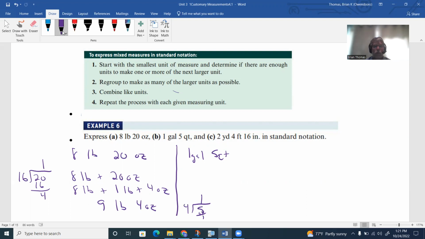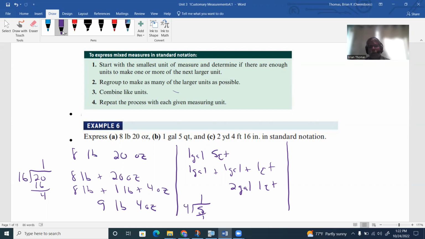So that tells me I can pull a gallon out of the 5 quarts. So this becomes 1 gallon, and then the 5 quarts changes to 1 gallon plus 1 quart. And then we can put the like units together and say there's 2 gallons and a quart. And that's what's called standard notation. Again, gallons is the largest unit of liquid, so that stays as is.